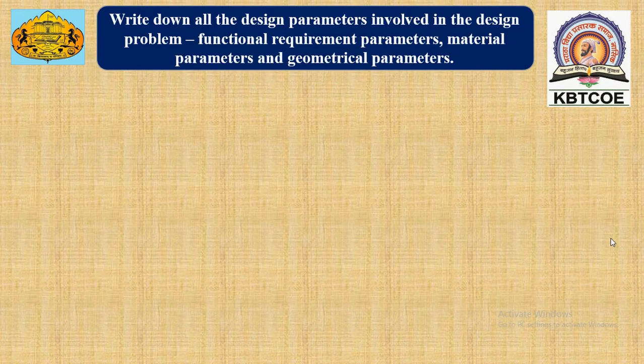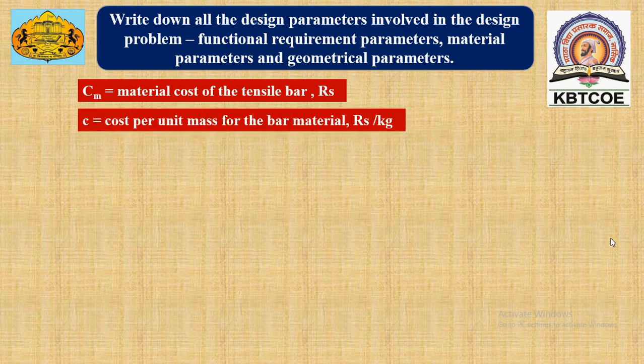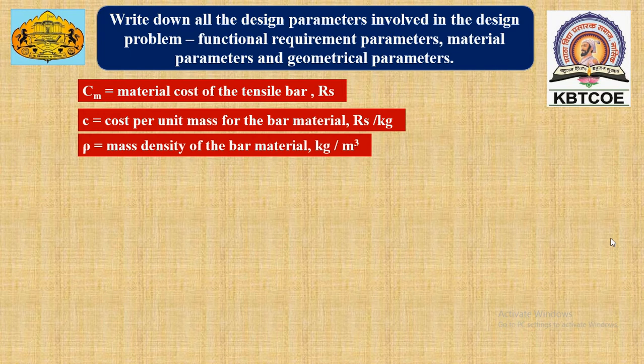First write down all the design parameters involved in the design problem: functional requirement parameters, material parameters, and geometrical parameters. CM is the material cost of the tensile bar in rupees. C is the cost per unit mass of the bar material, in rupees per kg. Rho is the mass density of the bar material, kg per meter cube.